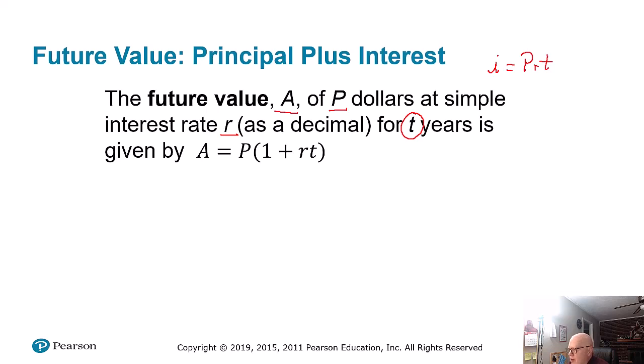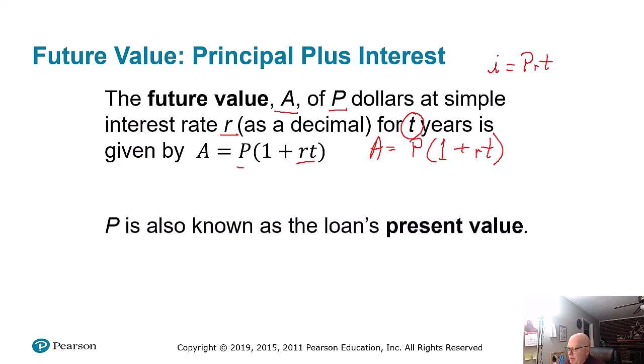This times this will give us how much interest. But we've also got the money that we put in. It hasn't gone anywhere. So here's our formula, and I'll write it out again. P, principal, that's a P, not an L, times the quantity 1 plus the rate times the time. Simple interest, and that gives us how much is there at the end of T years.